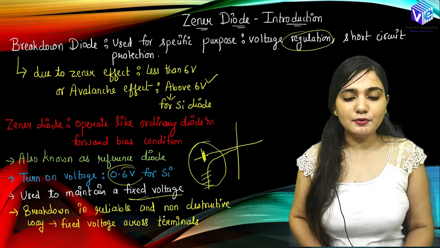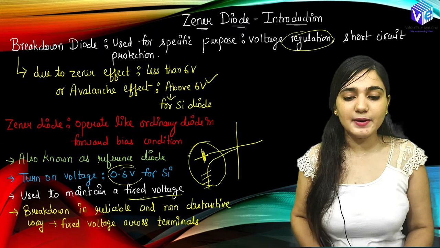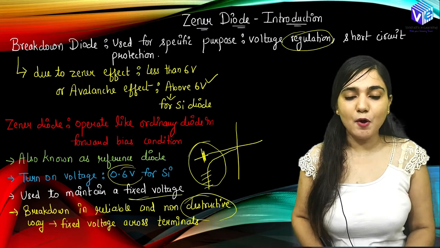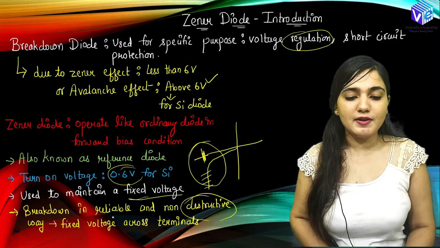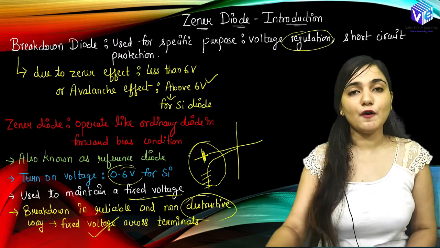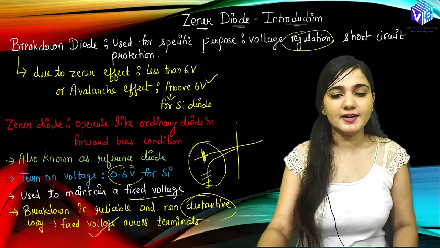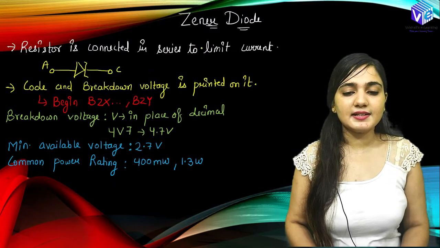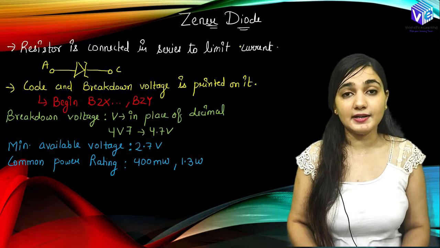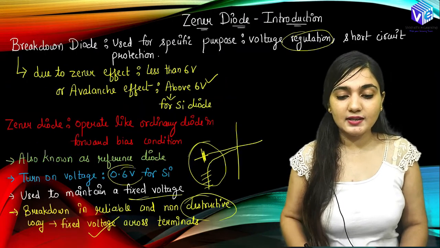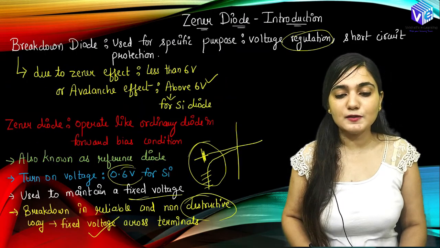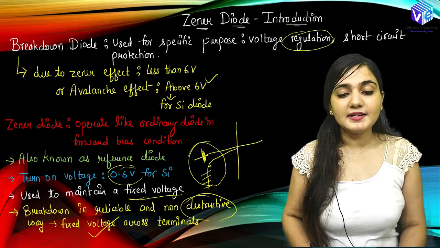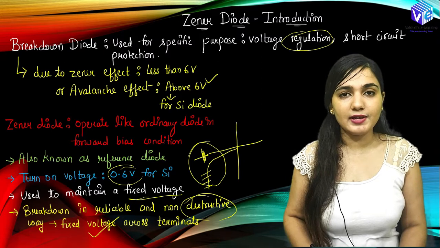Now the breakdown will happen in a reliable and non-destructive manner, right? Based upon the Zener breakdown only, we will get the fixed voltage across the terminals of the Zener diode. You can see here that a resistor is connected in series to limit the current, because the current can be infinite at this voltage level.